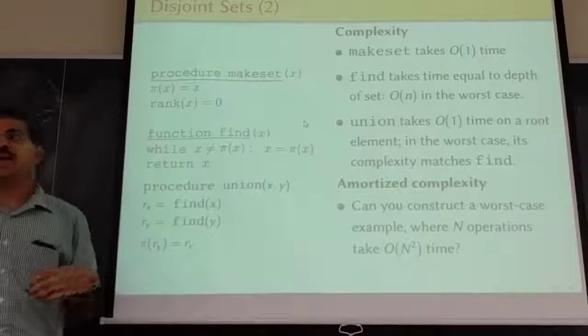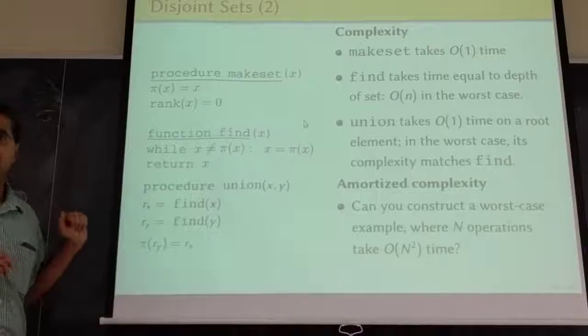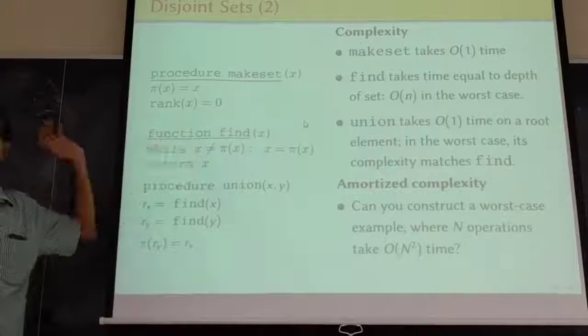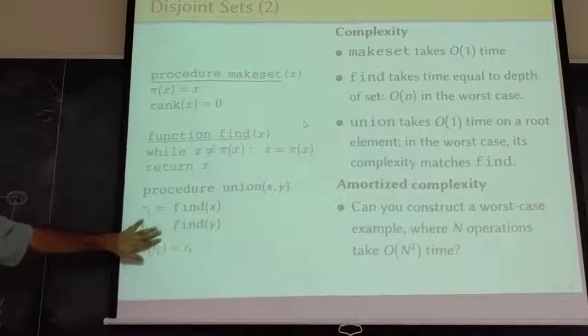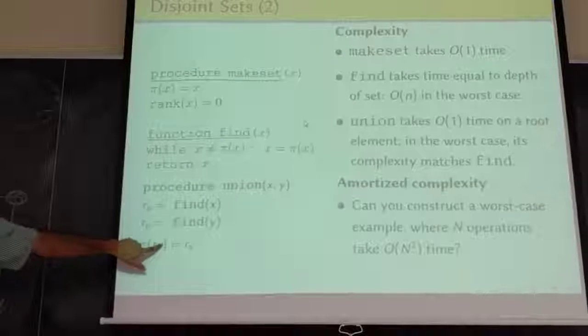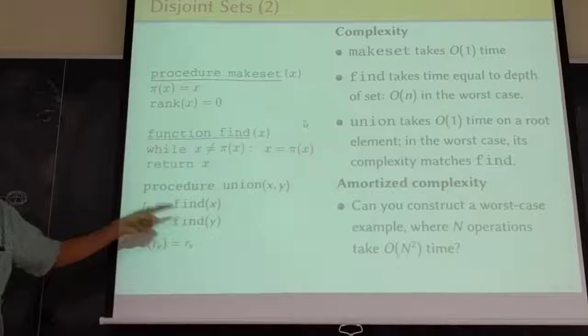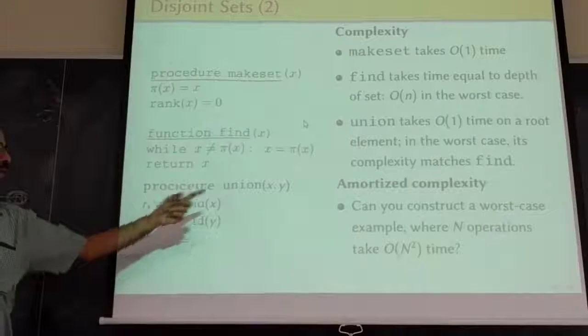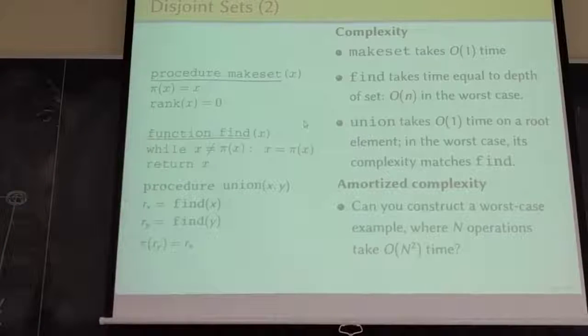So essentially, if you have n unions and finds, you can convert that into at most 3n unions and finds, such that all the unions are on roots. What you do is replace the original union, which had 2 finds and a single pointer updating operation, with 3 operations: 2 explicit finds, and then a union on the roots. This way you ensure that union will always take constant time.